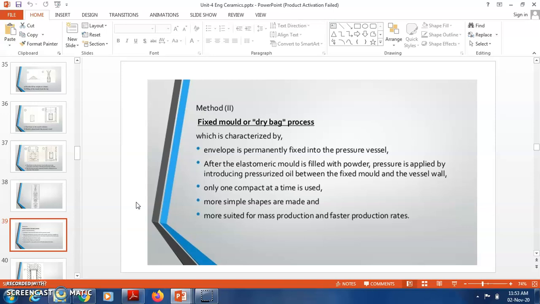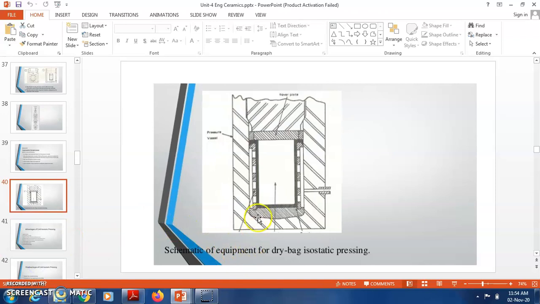Only one compact at a time is used. Simpler shapes are made, and it is more suited for mass production and faster production rates. Here you can see the schematic equivalent of the dry bag isostatic process.